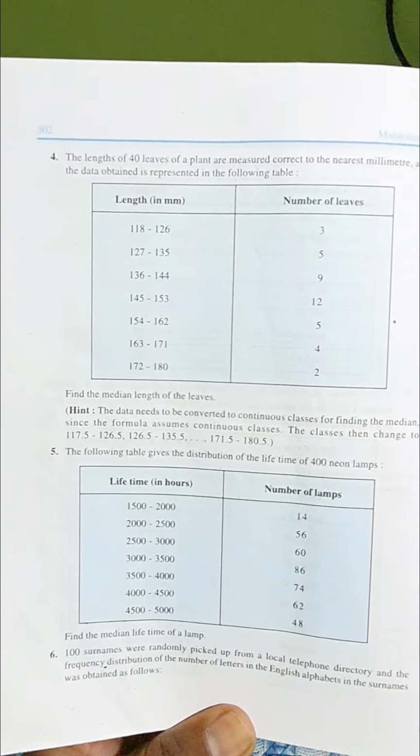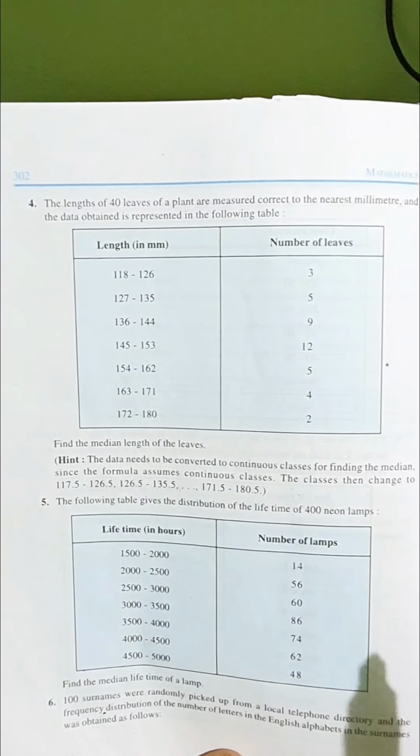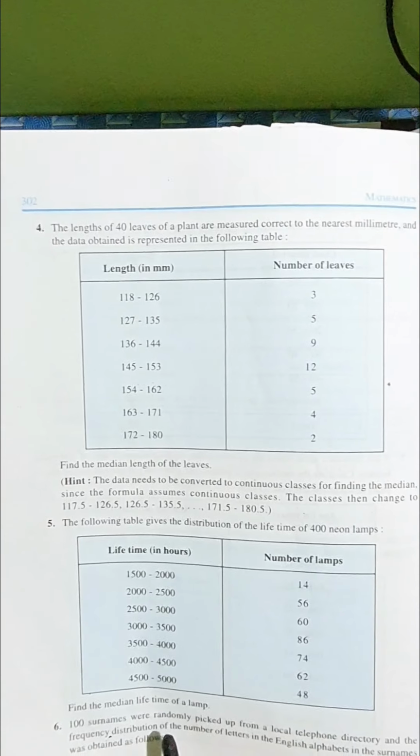Now next, question number 5. The following table gives the distribution of the lifetime of 400 neon lamps. Find the median lifetime of the lamp.